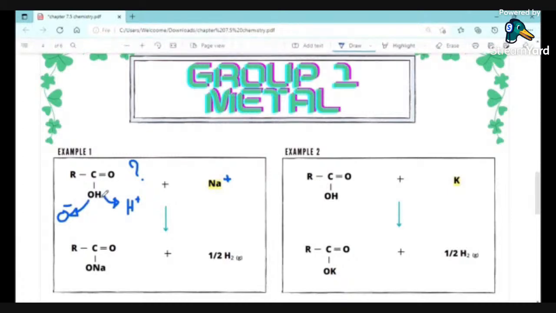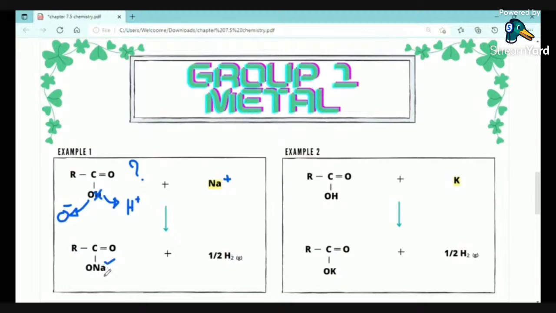So when I remove H over here, Na plus will replace the H plus that was removed from OH. The rest of the things that do not change shall remain unchanged. The R group will be there. The carbon double bond O shall remain unchanged. And the O will be there and Na will replace H. Hydrogen will then be removed as hydrogen gas.